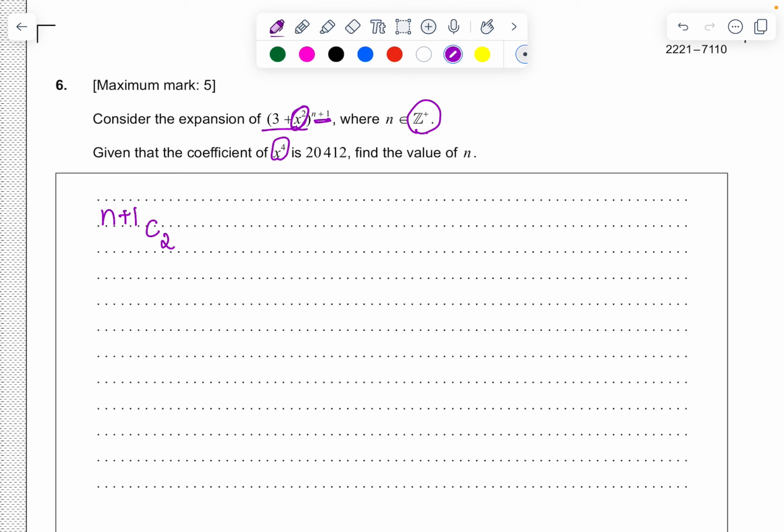So if r is 2, I'm going to write it as 3 to the power of n minus r. So what is n? N is n plus 1 minus r. What is r? R is 2 times x square whole square is equal to 20,412 x to the power of 4. So we can basically ignore this x to the power of 4.